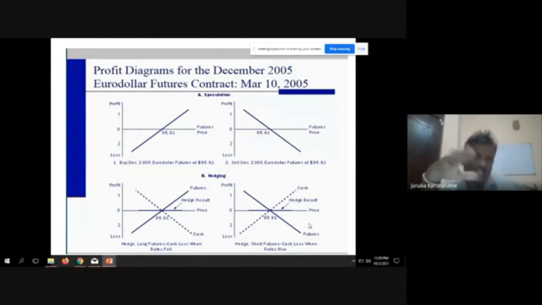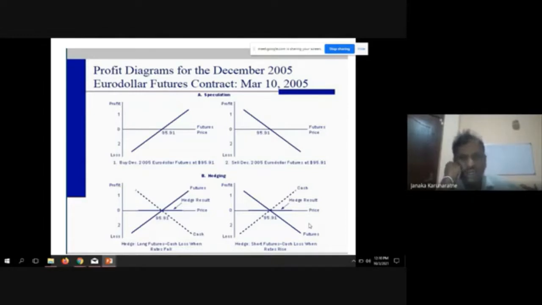So if the futures price rises, you will end up with a gain, isn't it? If you buy a future and the futures price rises, you will get a gain. If the futures price falls, you will lose.